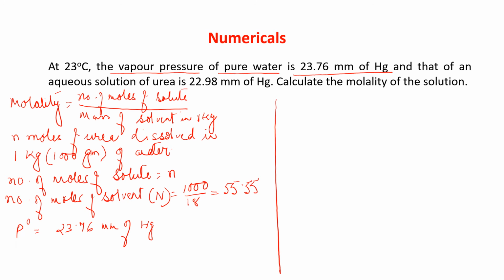And for the solution it is given 22.98 millimeter of mercury, so I can write here P is 22.98 millimeter of mercury. P naught is for solvent, that is water, and P is for your solution. Am I clear, children?